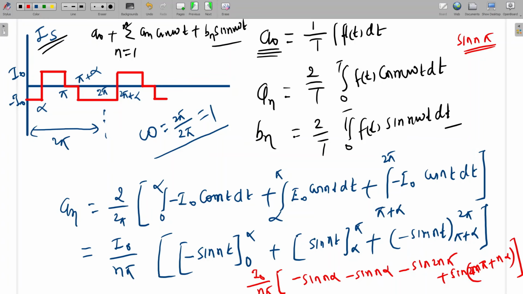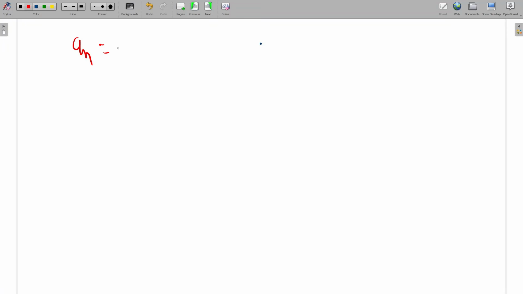Okay. Can anyone tell the final value? This is one, sine minus sine n alpha. Another one is minus sine 2n pi. What will it be? It will also be 0 for all values of n. See, sine 2 pi or sine 4 pi, everything will be 0 only. So this also we can omit. So what will be the final value? One second. An is equal to I naught upon n pi.